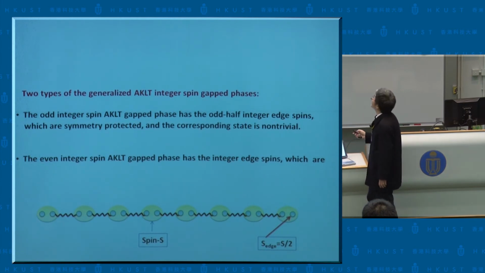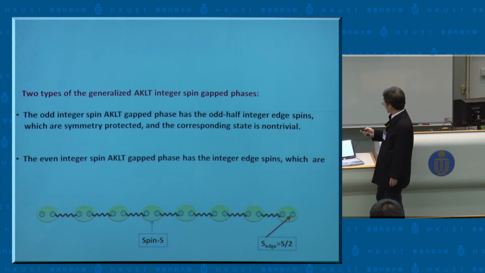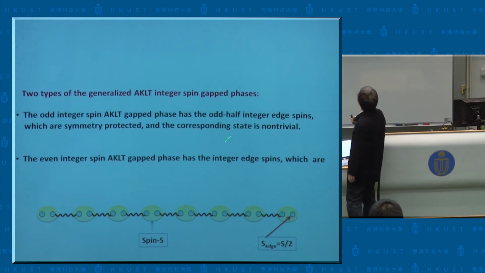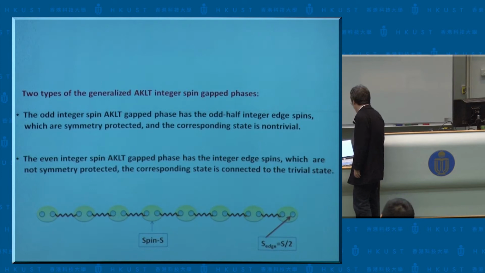And the second is the even integer spin AKLT gap phase. Since its edge spin is integer, the edge states are not symmetry protected, and the corresponding state is connected to the trivial state.